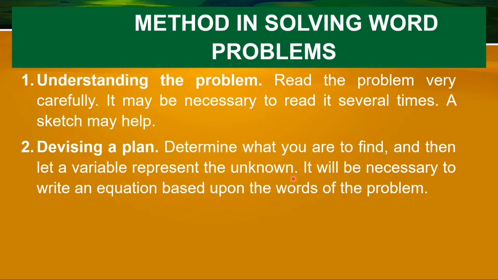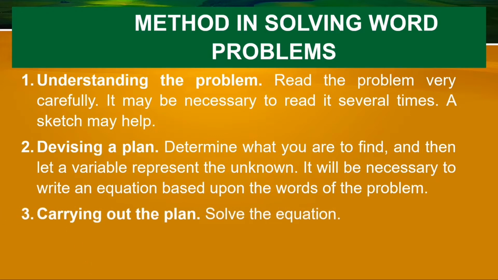And in algebra, we make use of x as a representation of an unknown. So it will be necessary to write an equation. An equation is different from a phrase, which means the presence of an equal sign is there. Then third, we have carrying out the plan.